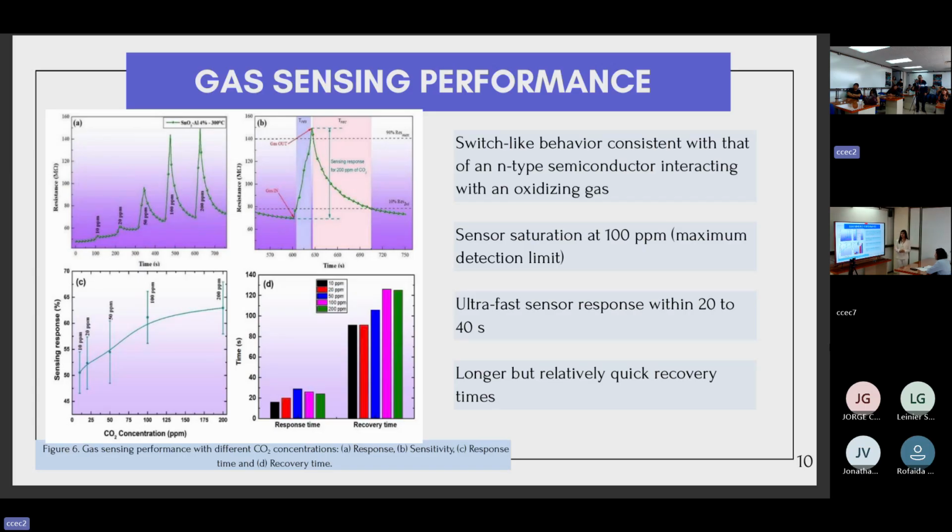Thank you so much. Pamela, what is the importance of the vacancies for the performance of the sensor? Because the gas can enter the pores and be absorbed on the structure.